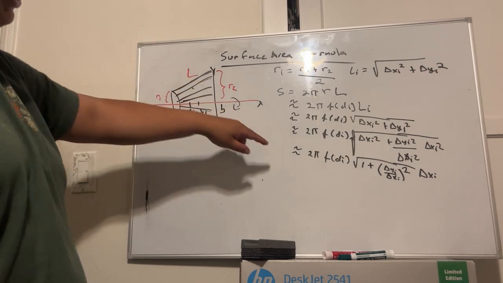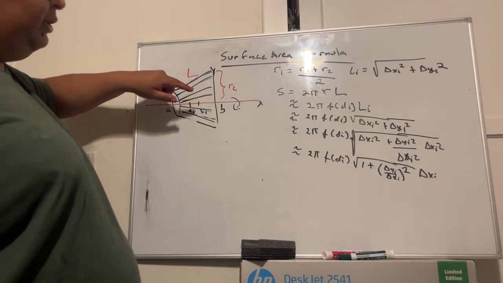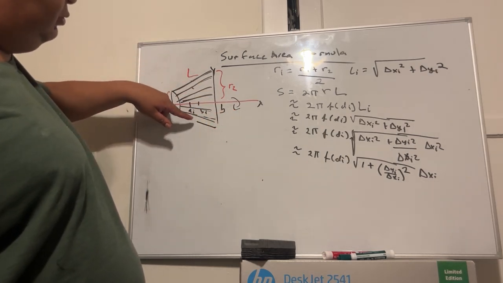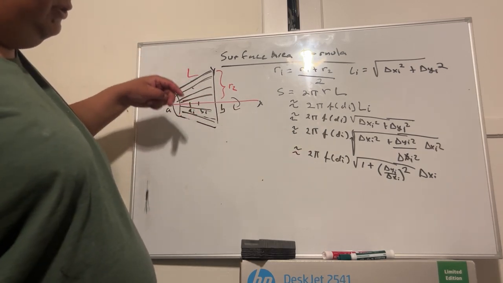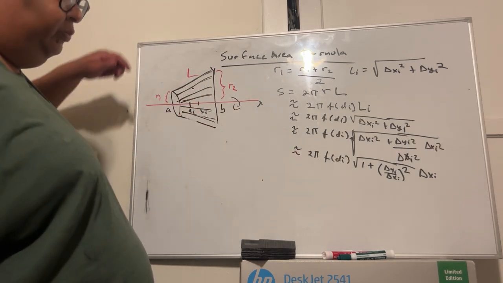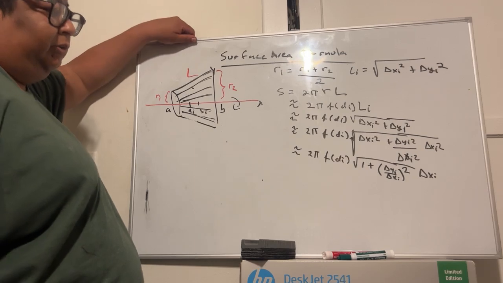So to approximate it, we need to take the sum of all those lines around the surface of the frustum, or the function that we're looking at.